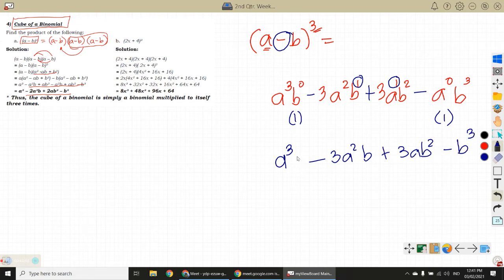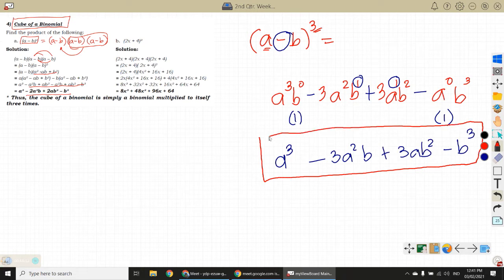Kung mapapansin ninyo, yung a, pababa ng pababa. 3, 2, 1. Yung b rin, 3, 2, 1. Hindi na nilalagay yung 0 dahil equal yan sa 1. That is the final answer. Okay, yan yung ating final answer.